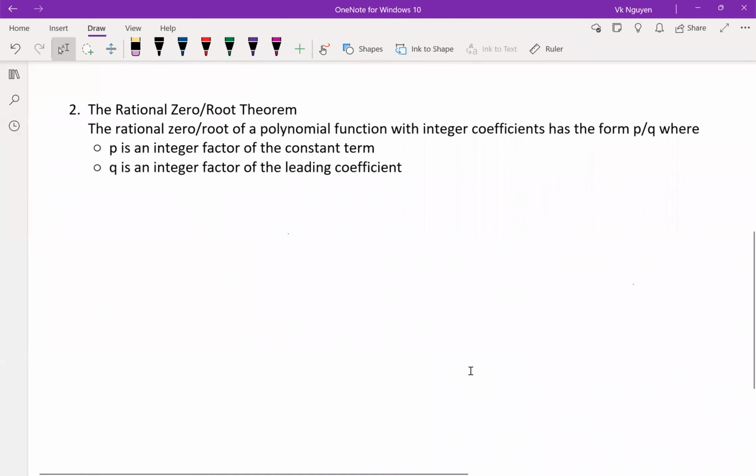The rational zero or root theorem is very useful in factoring polynomials. A rational zero or root of a polynomial function with integer coefficients has the form p over q, where p is an integer factor of the constant term, q is an integer factor of the leading coefficient.